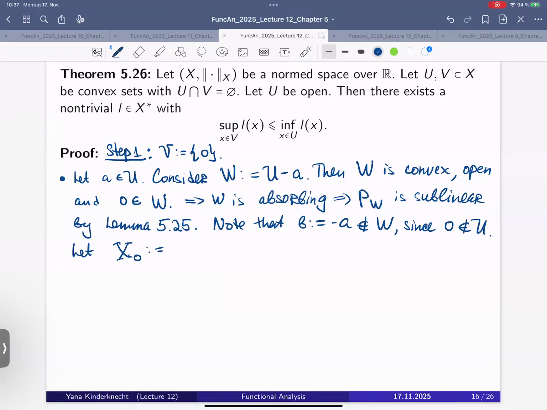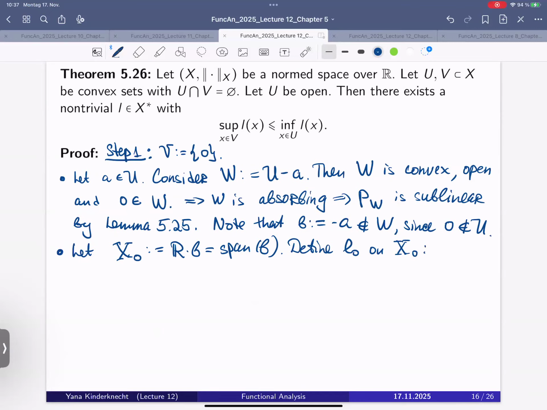This is just a one-dimensional subspace, which is just the linear span of the vector B. Define a linear functional L0 on X0 as follows.